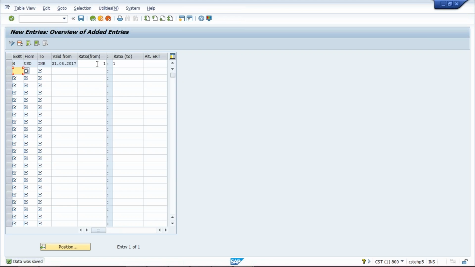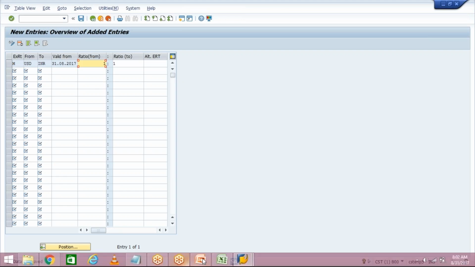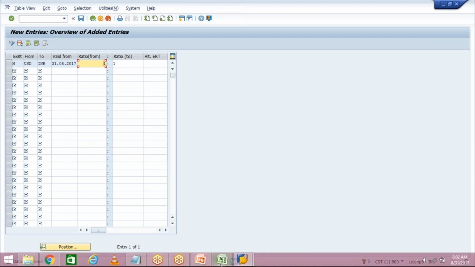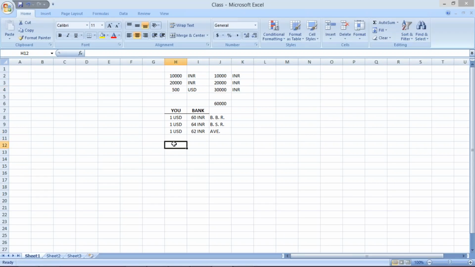Here we are saying how we are going to maintain the value. Maintaining the value in the sense, if it is 1 is to 2, let's suppose if I have given 1 is to 2, then how will the value be?